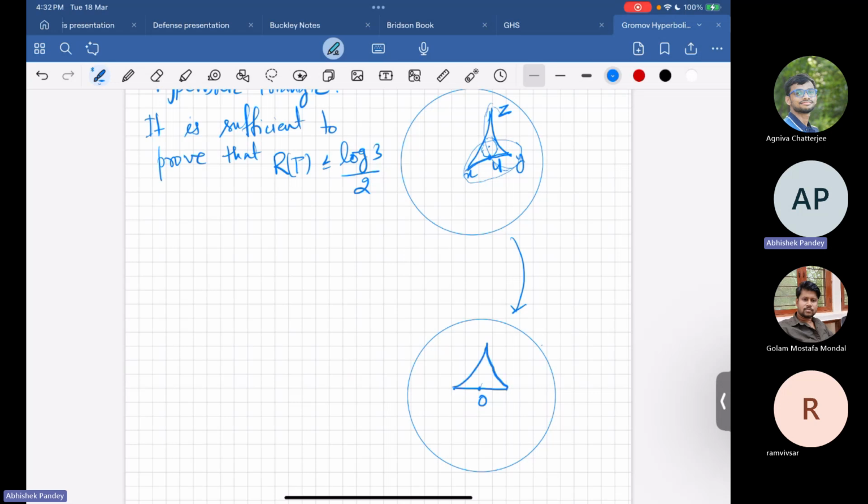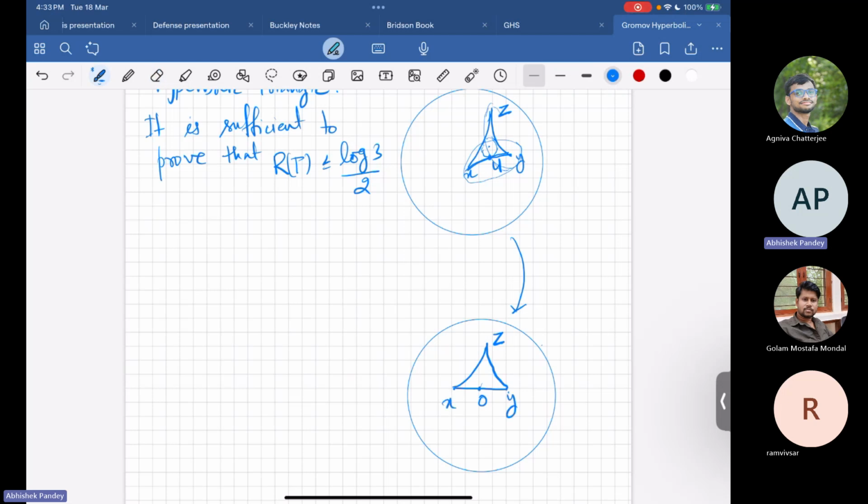Okay. So ultimately, without loss of generality, we can assume that we have this triangle. Let us say this is Z. Maybe some other point, so I'm just denoting it as XYZ only.